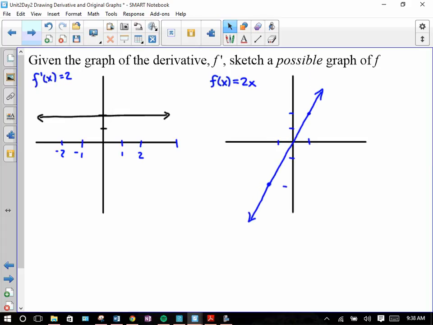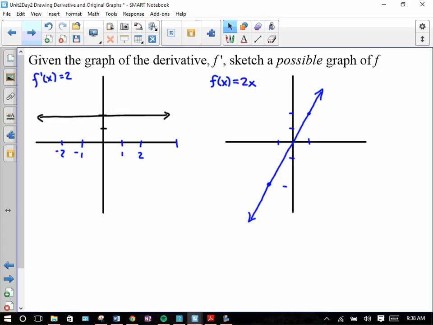So when you're given the first derivative, which you might want to write down, there is more than one possible f of x that you can graph.